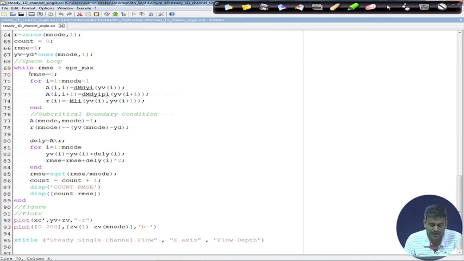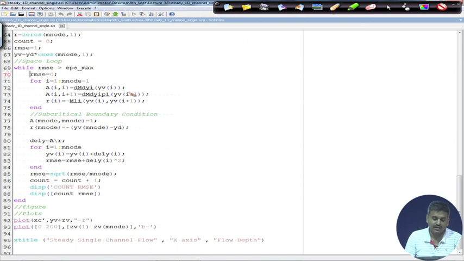So, after entering into this loop I have set this RMSE equals to 0. Now, from there we are getting this I equals to 1 to m node minus 1, and A i i which is our diagonal term, this is dM by dy I, and A i i plus 1, this is dM by dy I plus 1, and R i which is minus M Li.